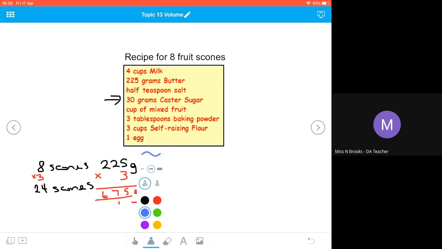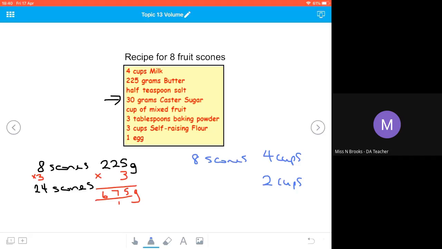So 8 scones requires 4 cups. Now I've only got 2 cups. So I've got half as many cups of milk. So that means I'm only going to be able to make half as many scones. So I need to divide that 8 by 2. So I will be able to make 4 scones.